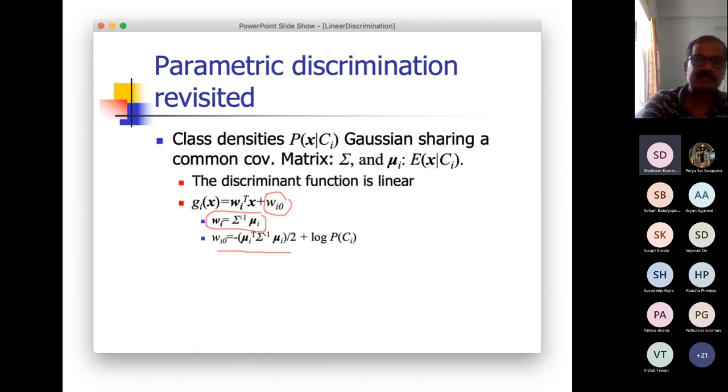This scalar value is computed again from the covariance matrix and the corresponding mean vector, plus this value, which comes from the prior distributions, because in the Bayesian inference mechanism we are maximizing the posterior probability. That means we are maximizing the probability of a class given the data, given the sample.